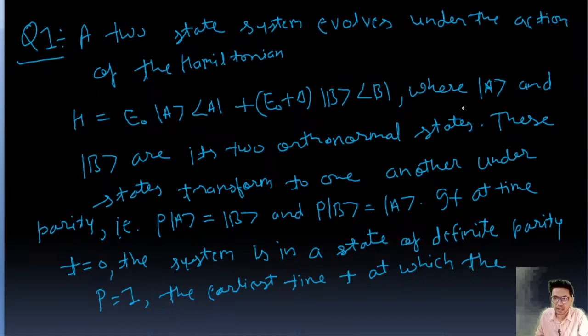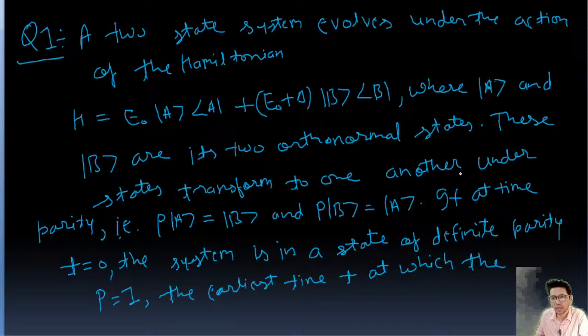These states transform to one another under parity. If you operate parity P on A, it becomes B, and if we operate parity on B, it becomes A.